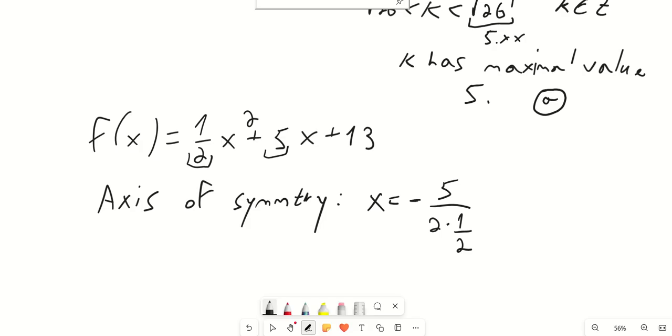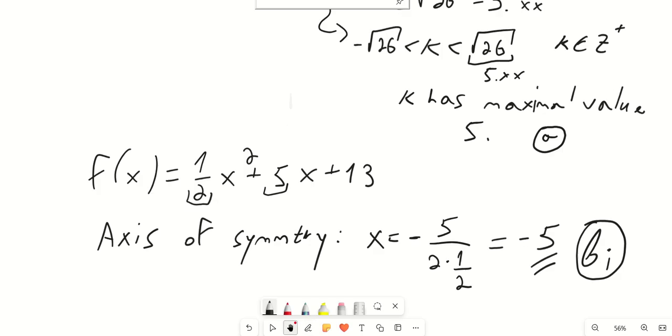This is a known formula for the axis of symmetry of a quadratic equation. Then I get here -5. This is the answer for B1.